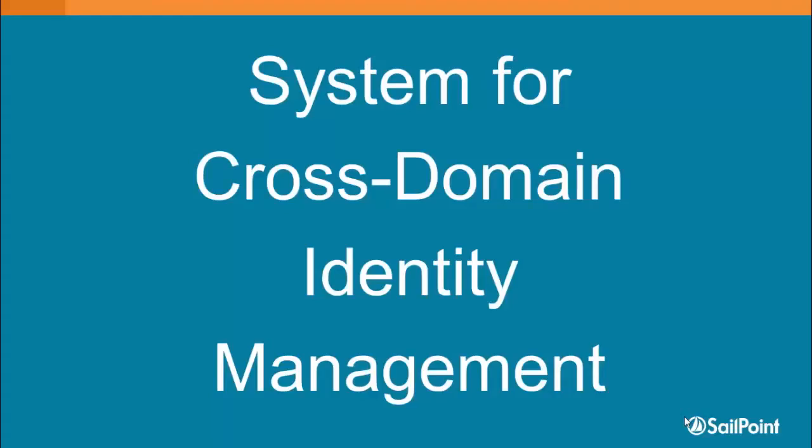So what is SCIM? SCIM is the System for Cross-Domain Identity Management. The last part of that is the most important. It's about managing identities: creating, reading, updating, deleting. It's cross-domain, meaning that you are getting identities from here to there, going across domain boundaries.